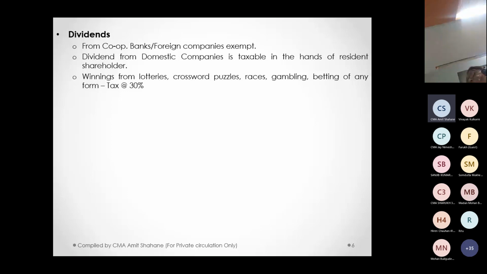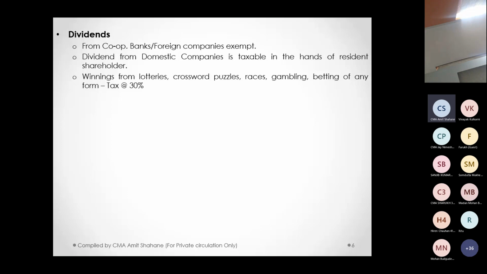Now, again, there is an amendment in this current budget. I really failed to understand why this is amended. Now they have changed the wording from winnings to net income. So now onwards, and again, this is the current year budget proposal.